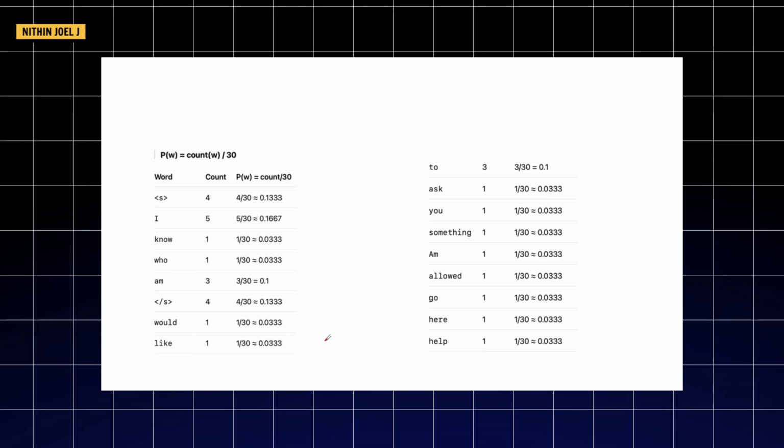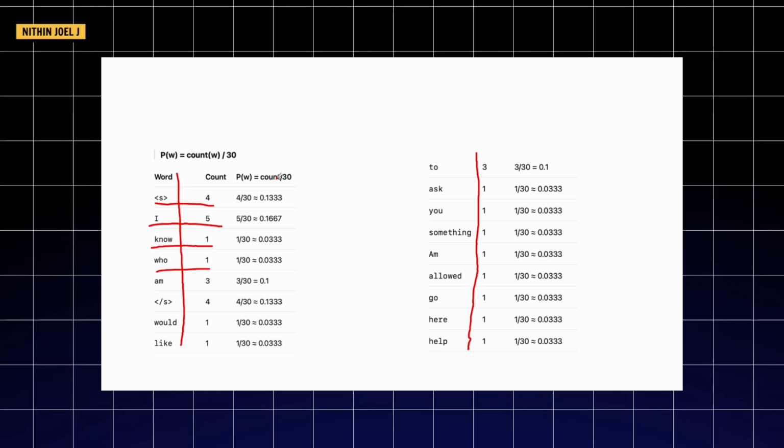And as a first step for unigrams, we have to count the total number of words that exist in the training data set. You can see <s> exists 4 times, I exists 5 times, no exists 1 time, and who exists 1 time. So the total number of occurrences of each word should be counted and listed as the second column of a table.